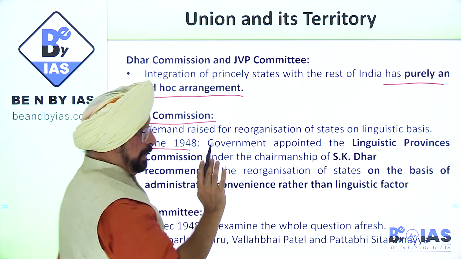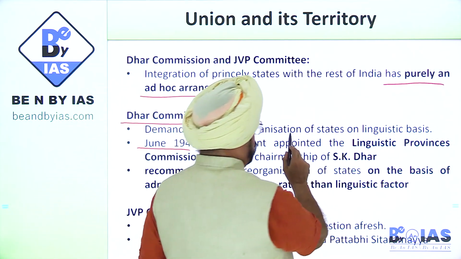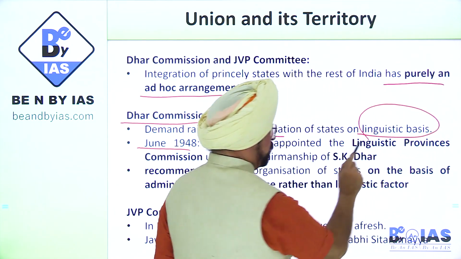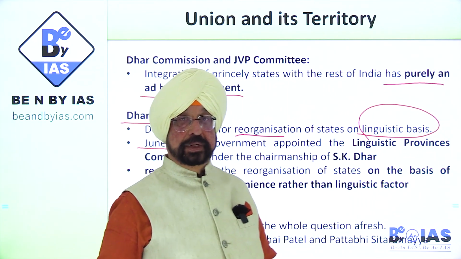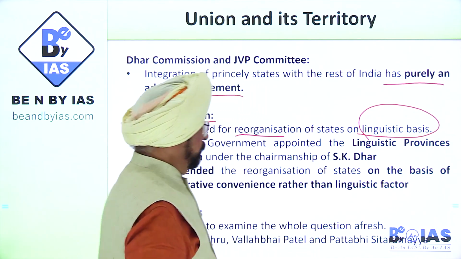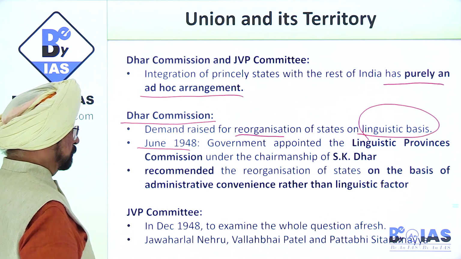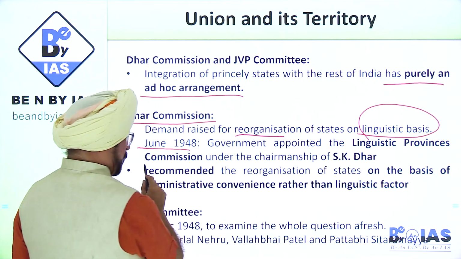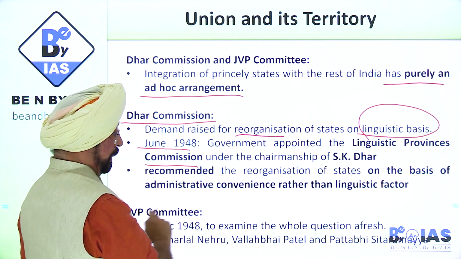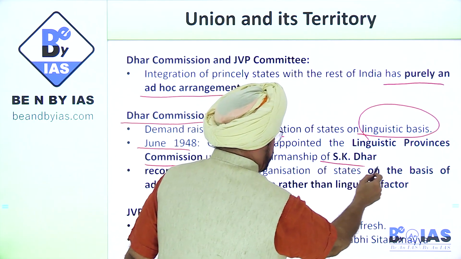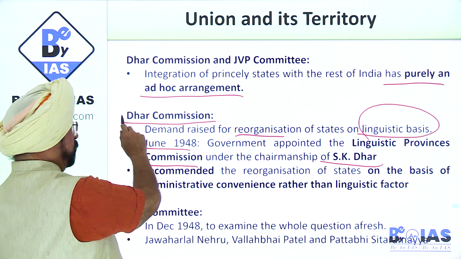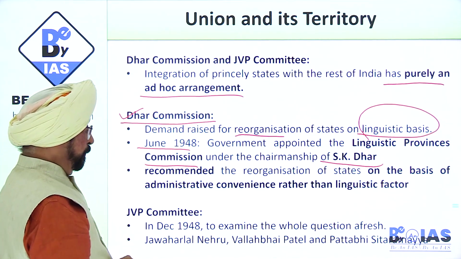So the basic demand was that you reorganize the states on a linguistic basis. That is, on the basis of the language spoken by the people there. So a Linguistic Provinces Commission under the chairmanship of S.K. Dhar was appointed. That is why it is called the Dhar Commission.